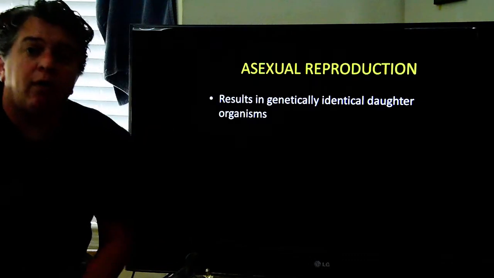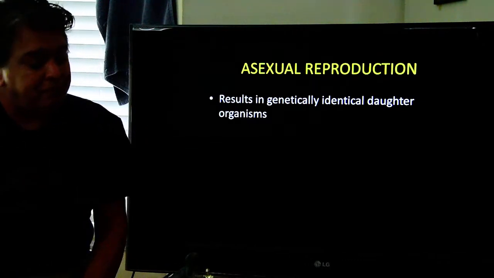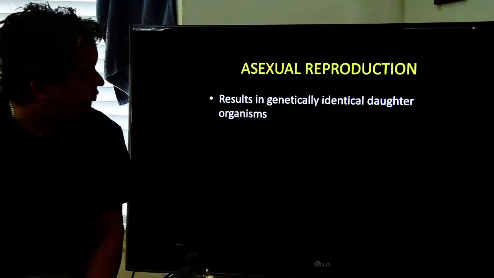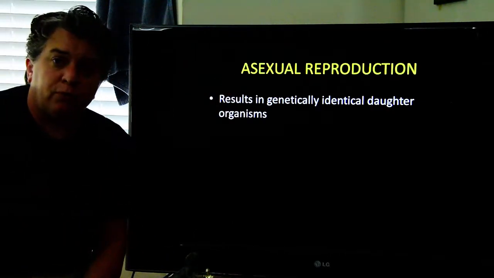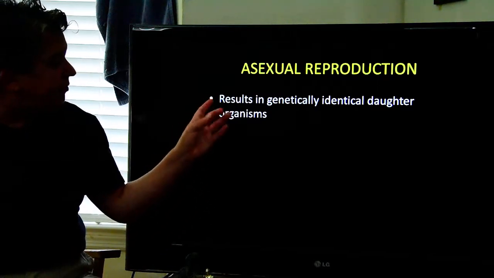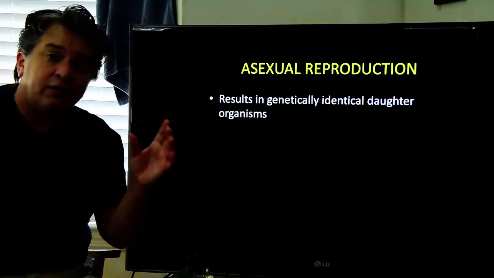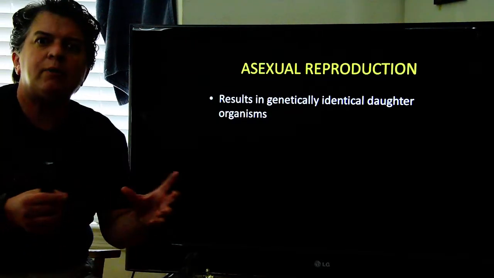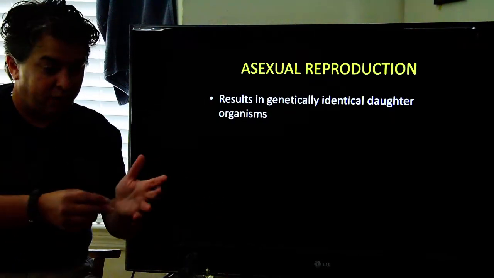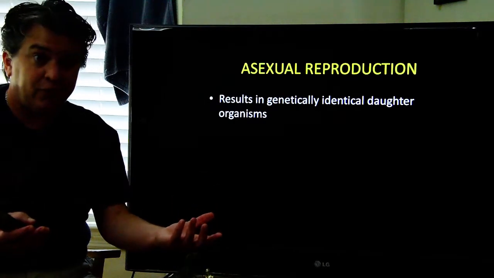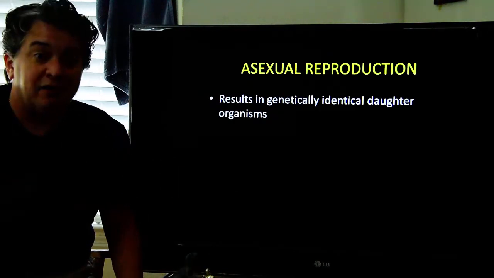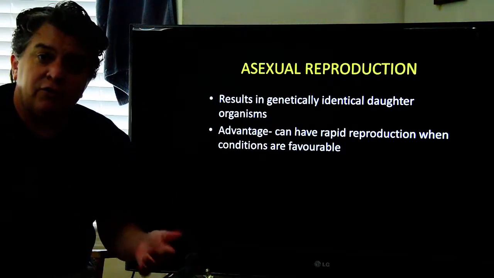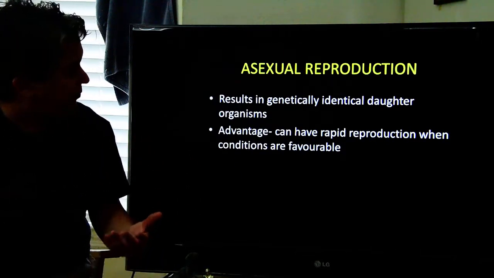Alright, now when organisms reproduce, there are a few different strategies for reproduction. You can have asexual reproduction, and this results in genetically identical daughter organisms. I'm sure everyone's seen the amoeba splitting in two, right? You start with one amoeba, it splits, now you have two of them, and they're genetically identical to each other. Now, there is an advantage to having this asexual reproduction.